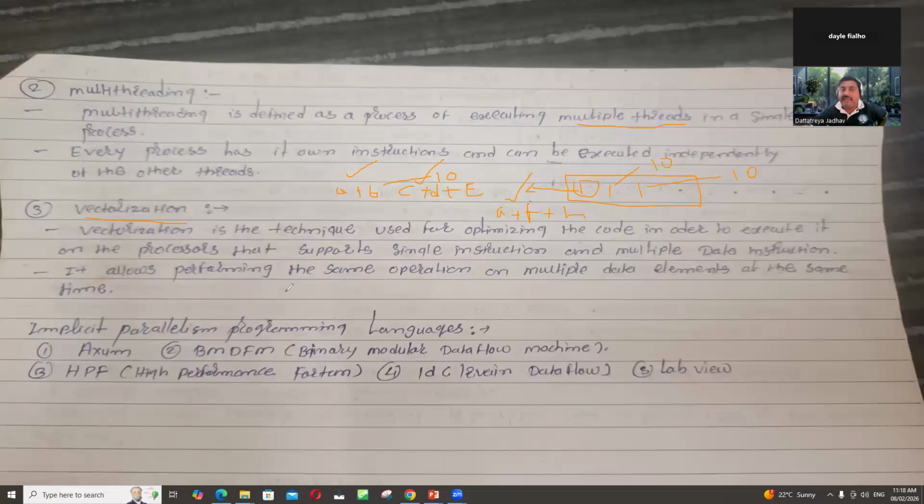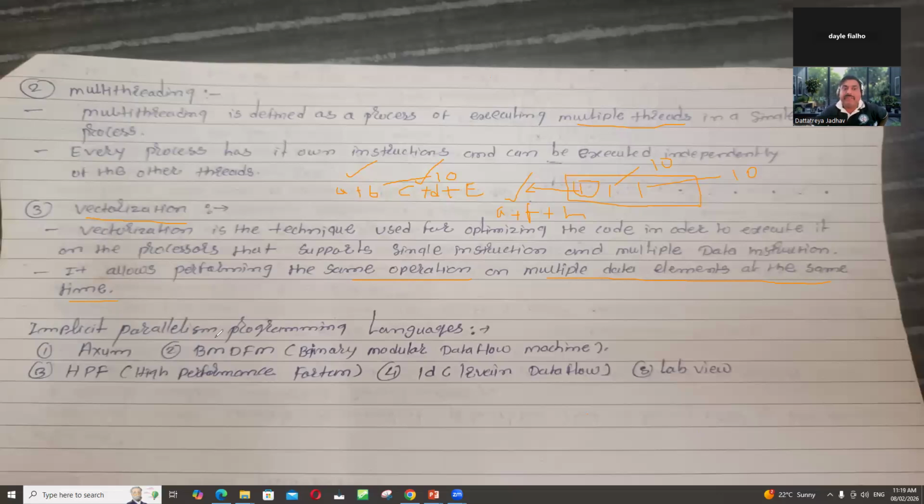Suppose the same data A and B, C, is used for addition, also for division, and also for multiplication. So all three will be used simultaneously by vectorization.